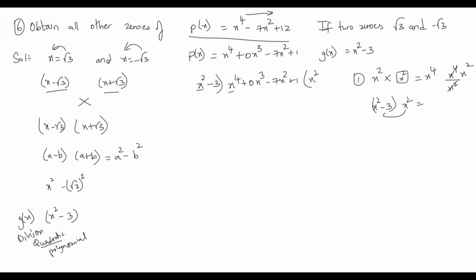First step, x square into x square will be x power 4, minus 3 into x square will be minus 3x square, that is x power 4 minus 3x square. There was no x cube term, so let it be plus 0x cube. Plus changes to minus, plus changes to minus, minus changes to plus. x power 4 cancels, 0x cube cancels.